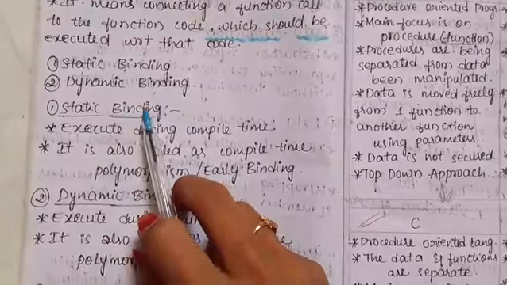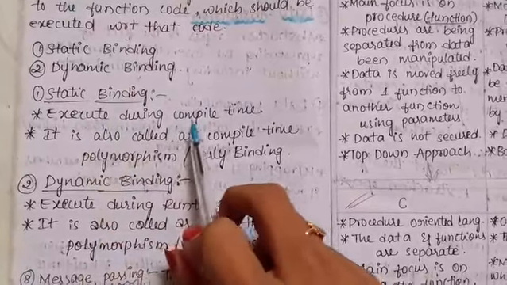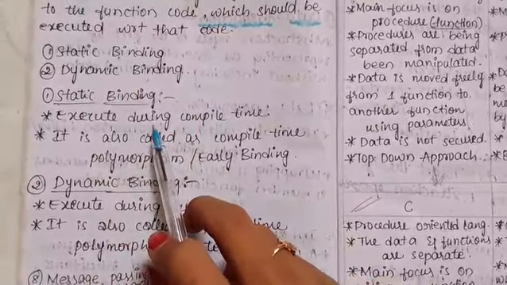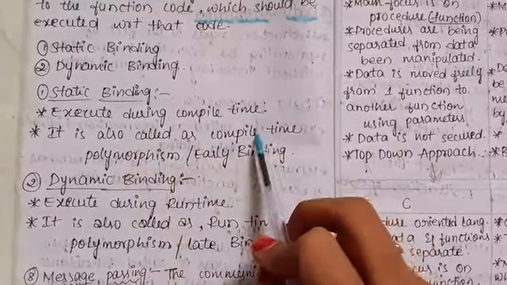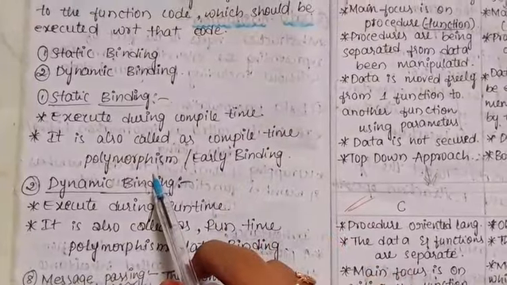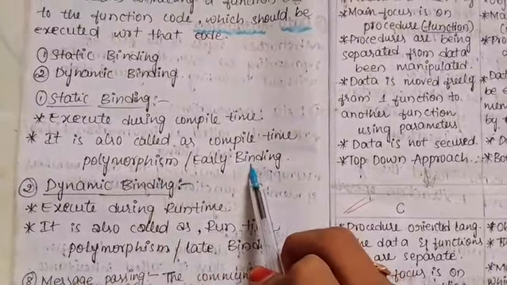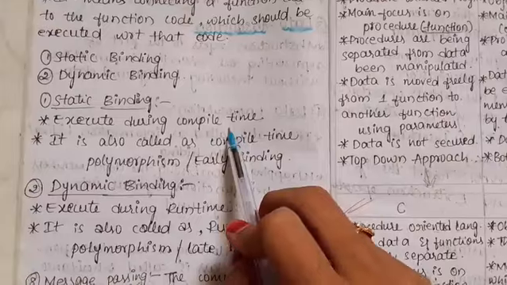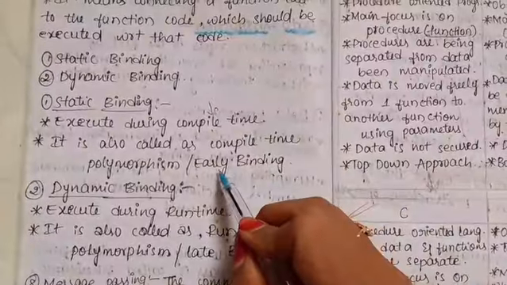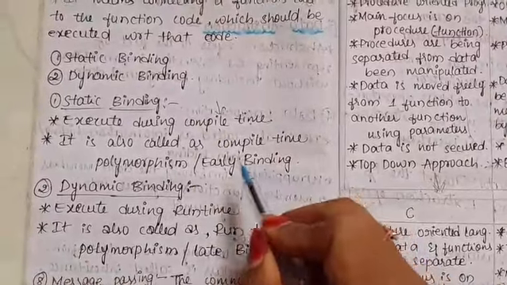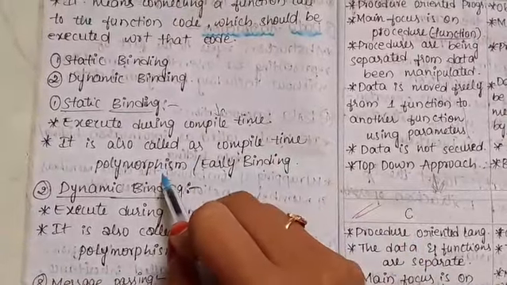Let us see static binding. It executes during the compile time. That's why it is also called compile time polymorphism or early binding, because compiling happens in the early stage, right? That's why we call it early binding or compile time polymorphism.